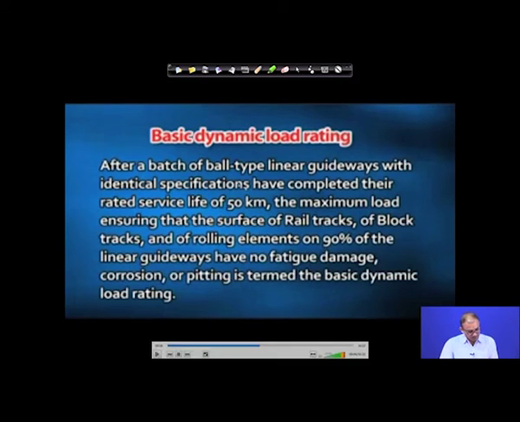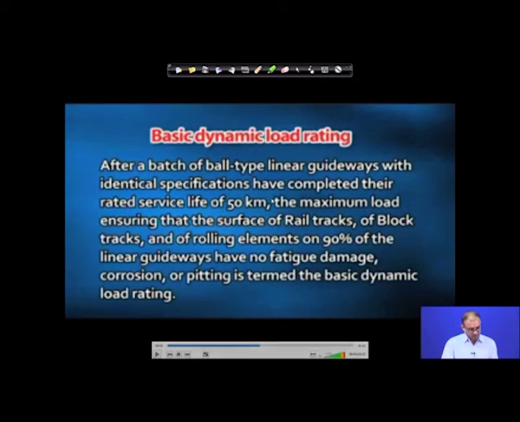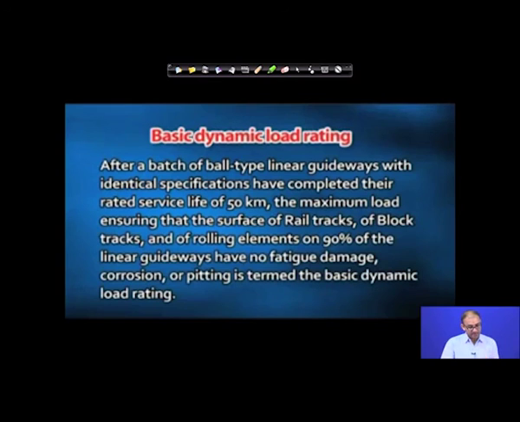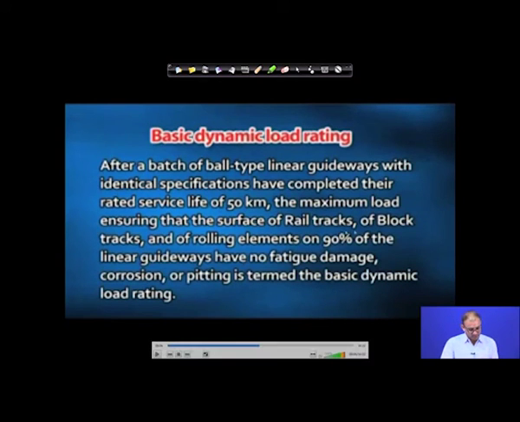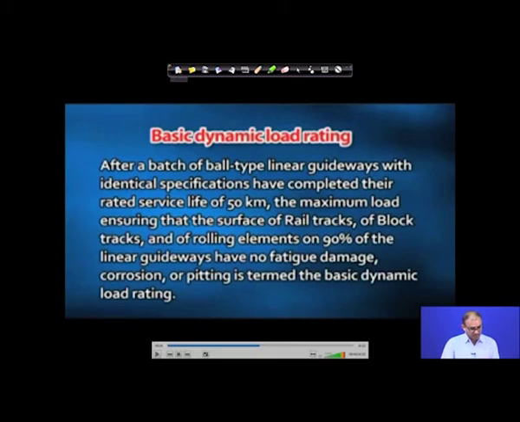So, if your whole system is running, that means all those guideways have completed 50 kilometers of run, which is the specification for this part only. And if you find that 90% of the components do not have any of these damages, then that is called the dynamic load carrying capacity. There should not be any problem in the 90%. If there is a problem in 10%, that can be considered within this dynamic load carrying capacity.